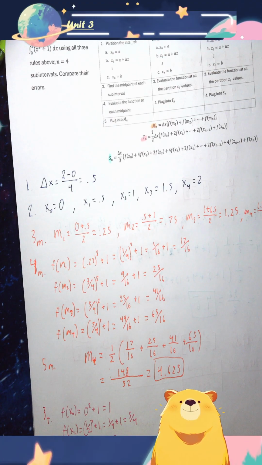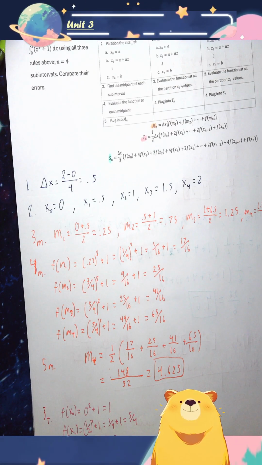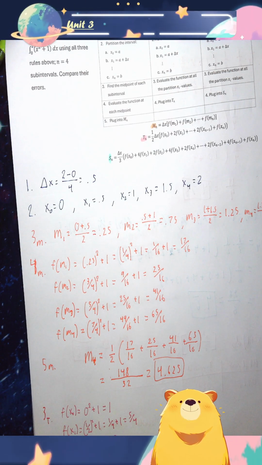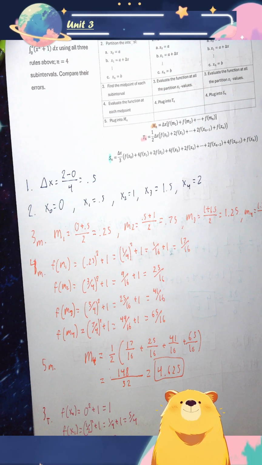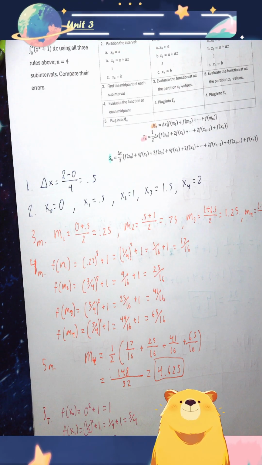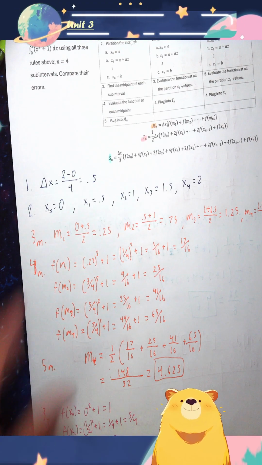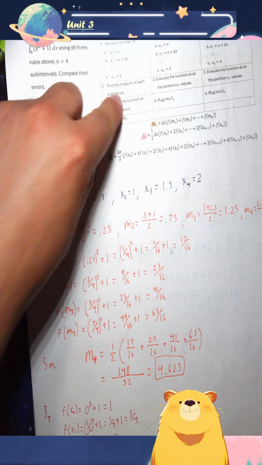All right, now let's do the midpoint rule. Since I accidentally started color coding, I might as well color code the pens as well. So we have step 3M. It says find the midpoint of each subinterval.